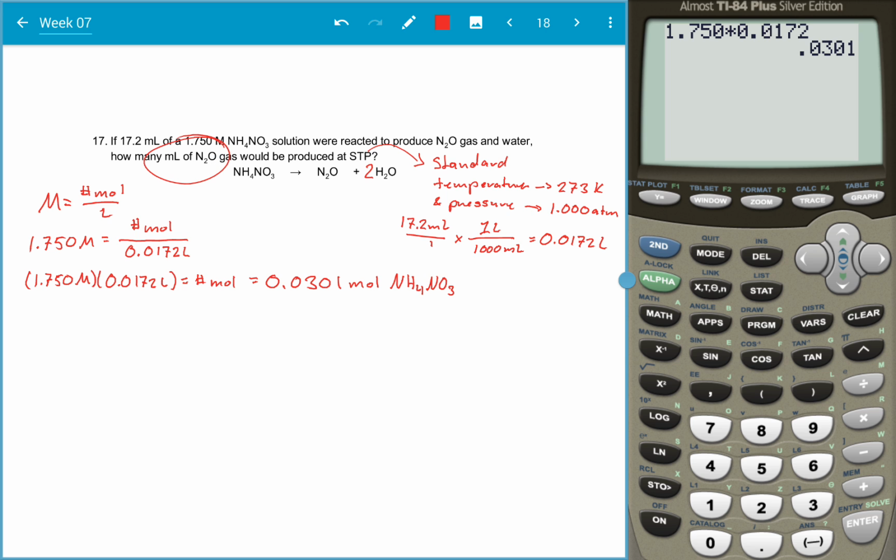The problem's asking for milliliters of dinitrogen monoxide gas. So we need to do a little conversion here. And the first one is converting to the right chemical through stoichiometry. And we see that 1 mole of ammonium nitrate gives us 1 mole of the N2O gas.